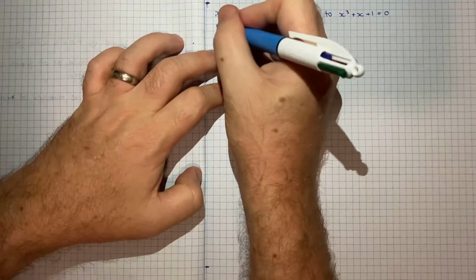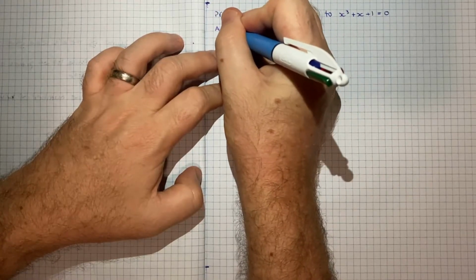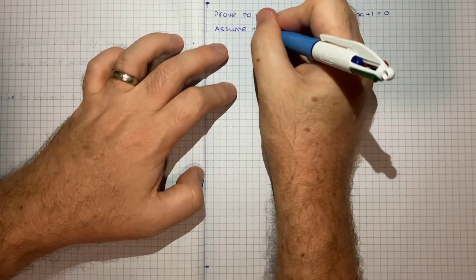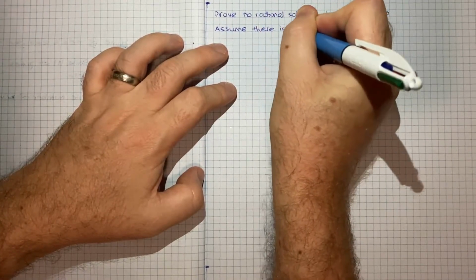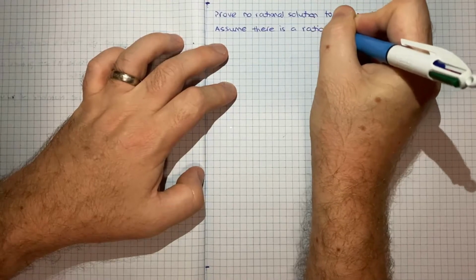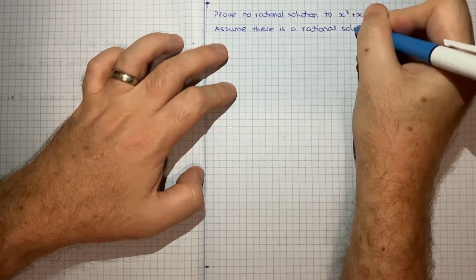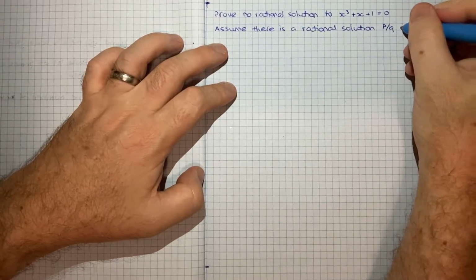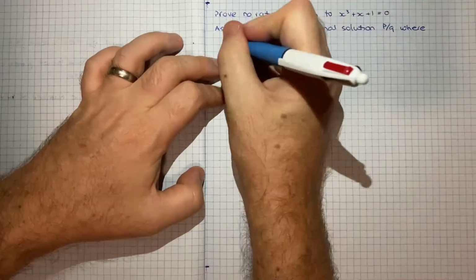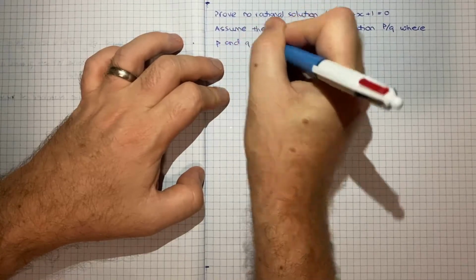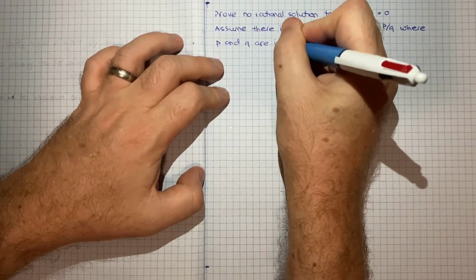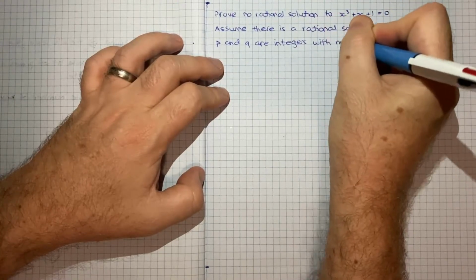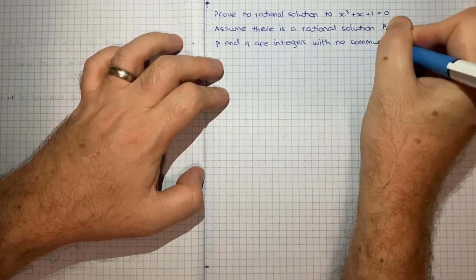And we're going to use contradiction, and step one, which we were told to do in the hint, is assume there is a rational solution, which I will call P on Q, where P and Q are integers with no common factors.